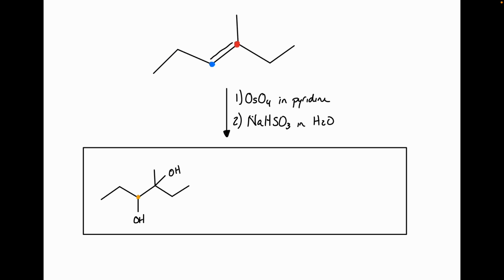In this case, I formed 2 new stereocenters, so I'm going to have to worry about the stereochemistry of my product. My previous example was an anti-addition. These are syn additions. So if I make one of those OH groups into a wedged bond, I'm going to do the same thing for the other one.